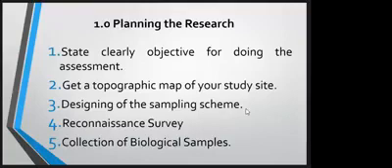Another part of planning the research is the reconnaissance survey. It's still the same as ocular visit, reconnaissance survey or ocular visit, site survey. Those are examples of how you've done your sampling scheme.